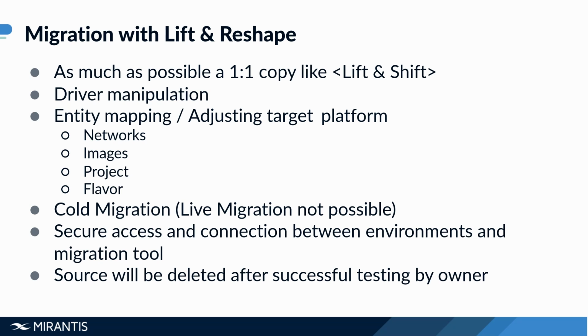Another thing is the entity mapping. I can just give you a quick example. In VMware, I'm really speaking about the entities when you call the API, for instance. There is no entity in regards to images or projects or flavors or SSH keys.